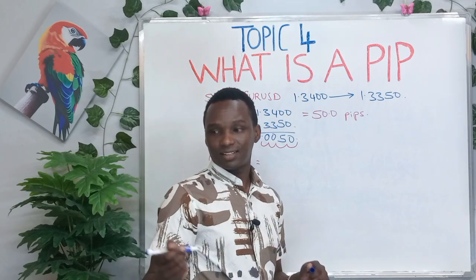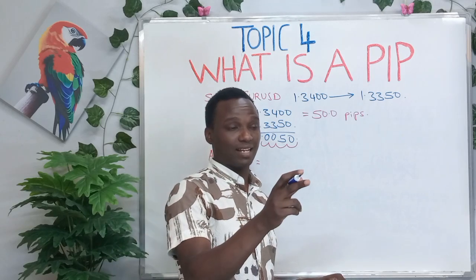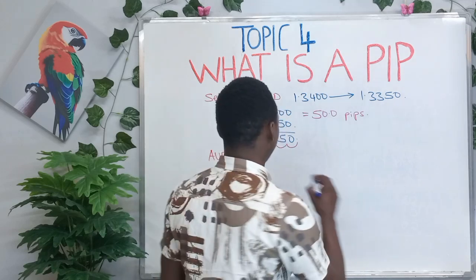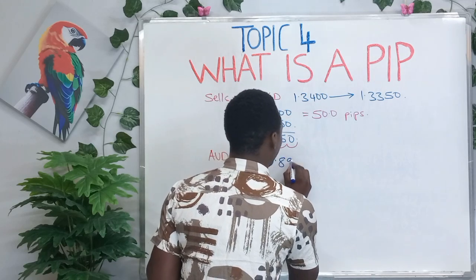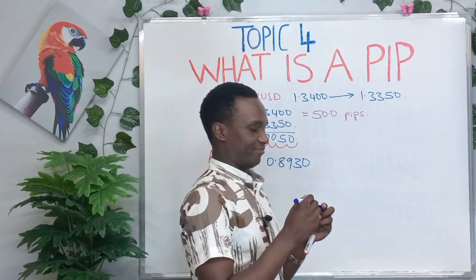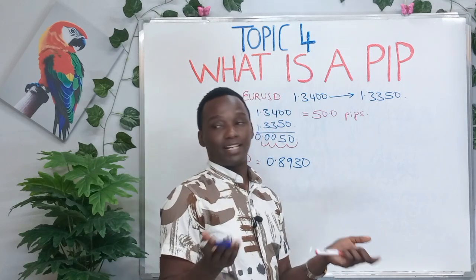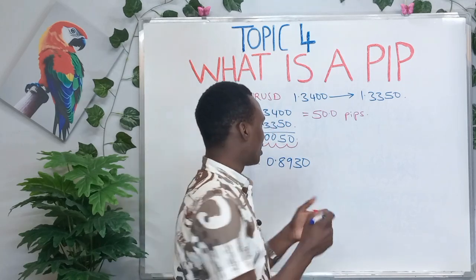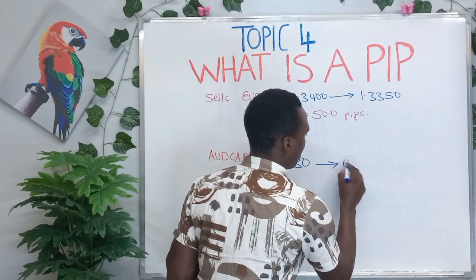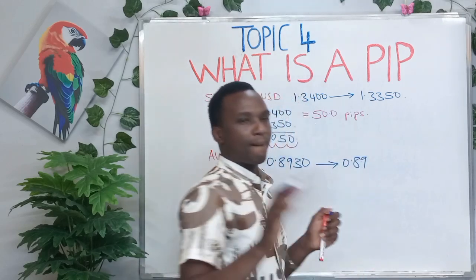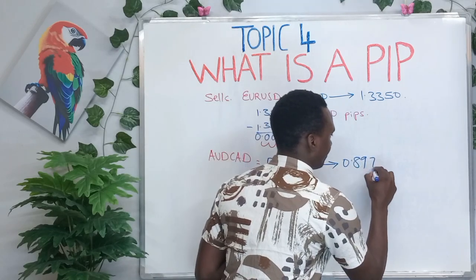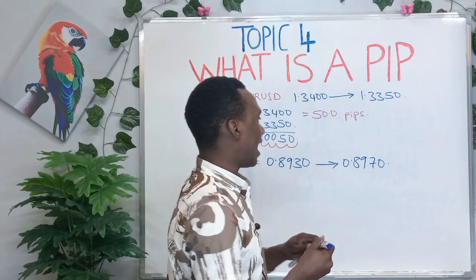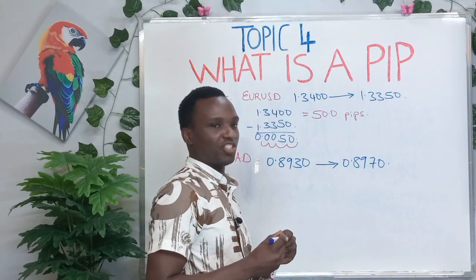Look at your MT5, 0.8930. Let us take an instance that AUD/CAD moves from this price to maybe 0.8970.